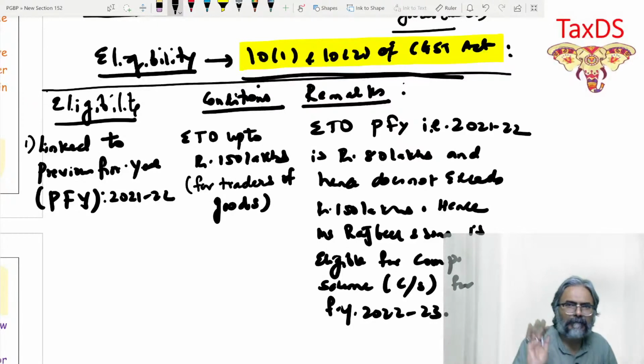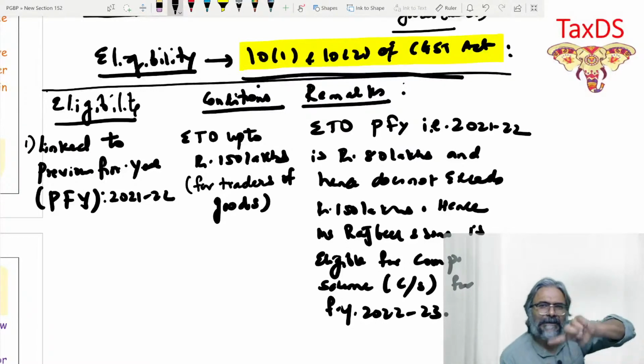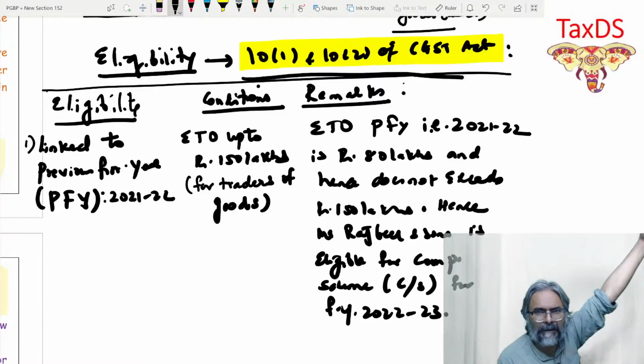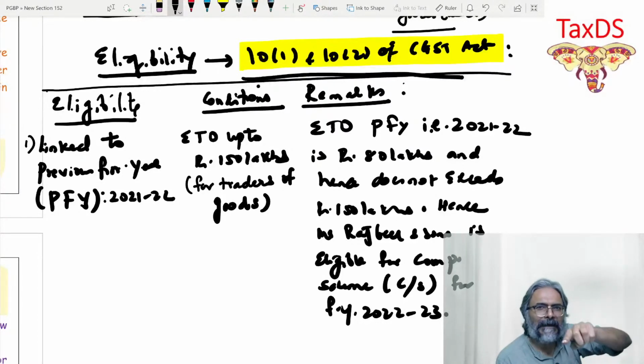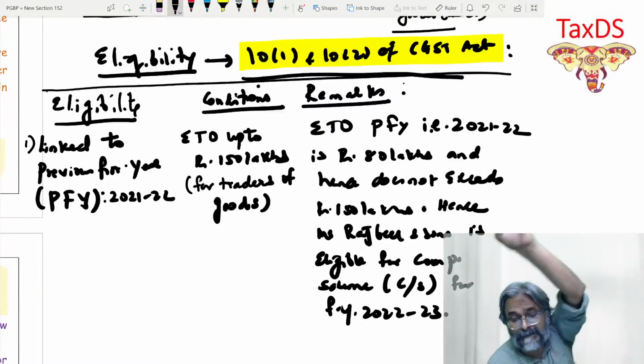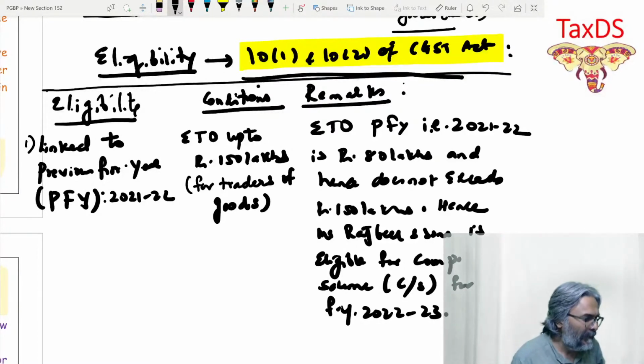That is it. I am not enlarging this part of the question. Why I don't have to enlarge this part? Because the question mainly is on the next part, the current financial year. So just talk about the turnover being this much in the PFY, previous financial year, and therefore, because of that reason, he is eligible for the composition scheme for the next financial year 22-23.